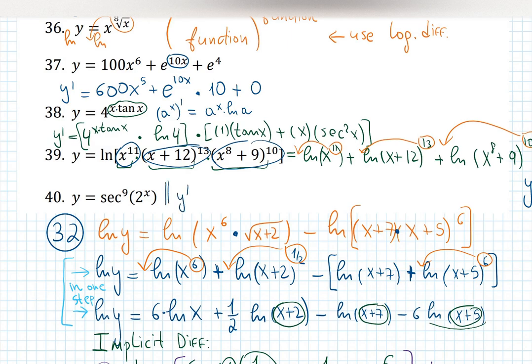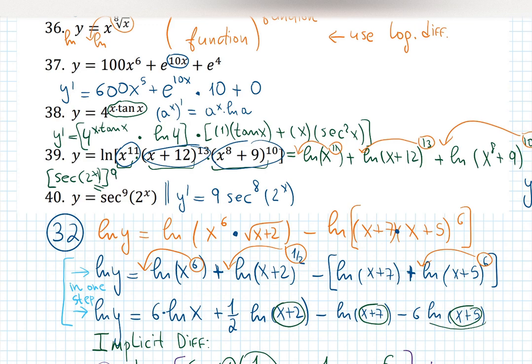y equals. First, I see something raised to the 9th power. I don't see secant yet, I just see something to the 9th power. Then 9 goes down, and there's something which is secant raised to the 8. What's the angle? 2 to the x. Reminding you from the previous videos that this is the same as writing secant of 2 to the x, everything raised to the 9.